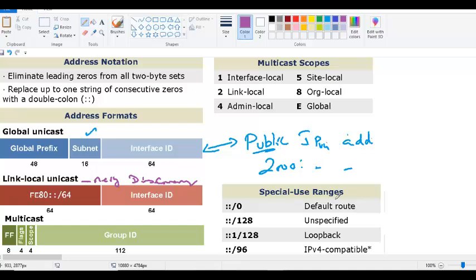So the other difference is the link local address always starts with FE80 only, and then the global unicast address will start with 2000. It may be 2001 or 2 or 3. Yeah? It's 2000 series.